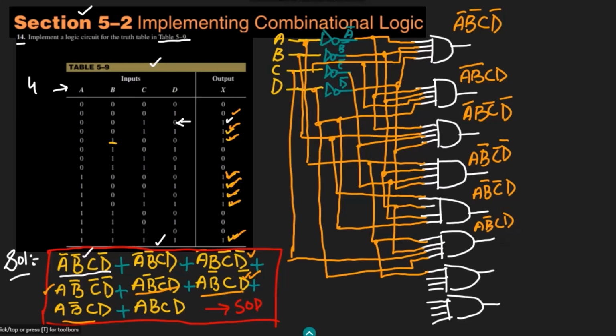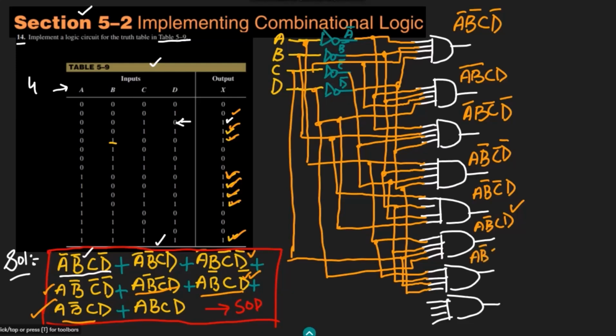I have already used this one which is here. So let me now implement A B complement C D complement. A is here, B complement is where? This is the B complement. C is here, which is also the same one. So C is also here. Now I have to use the D complemented term, and the D complemented term is here.